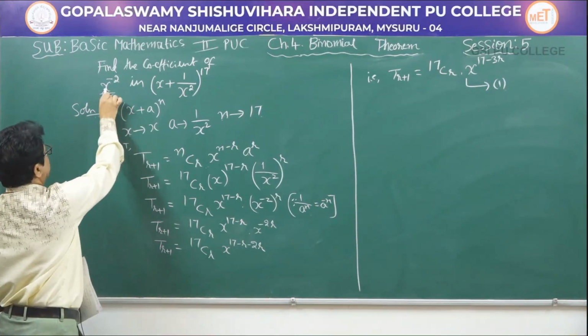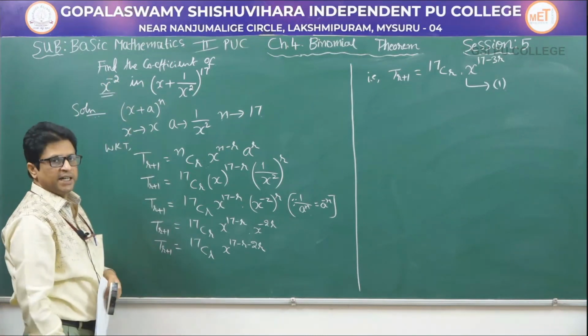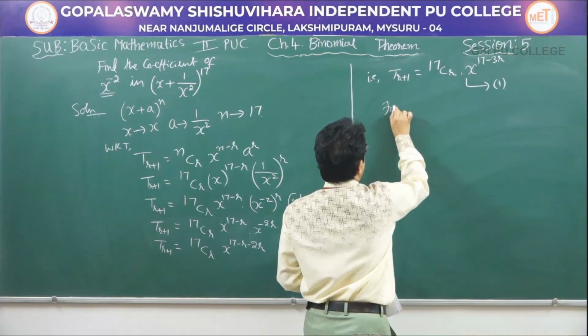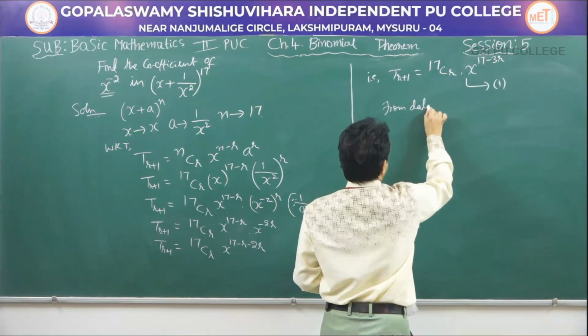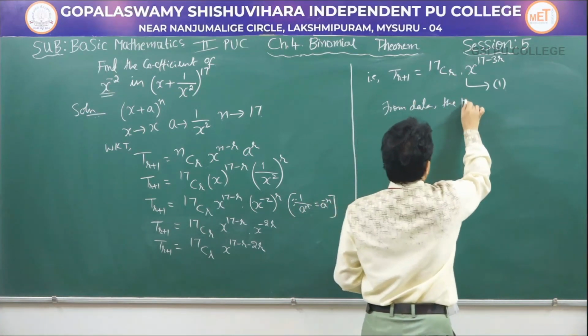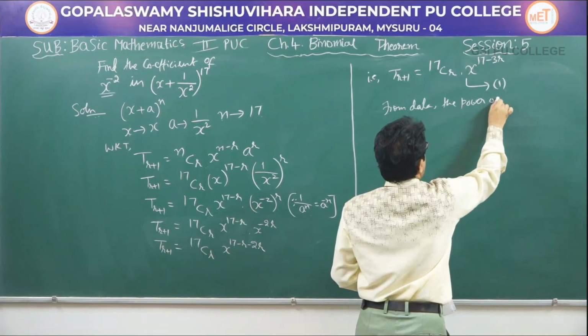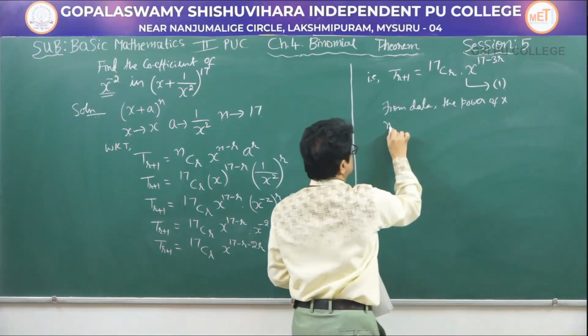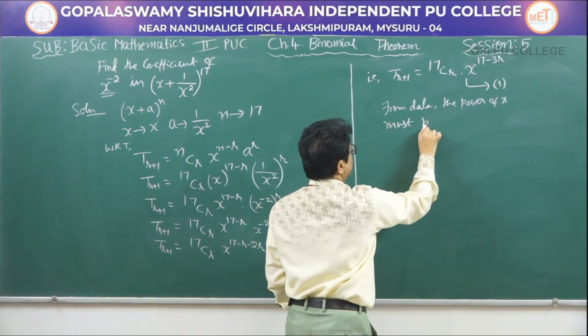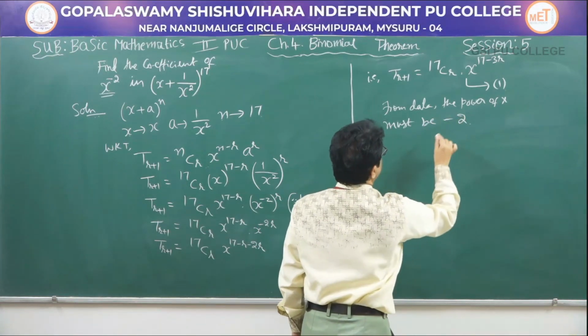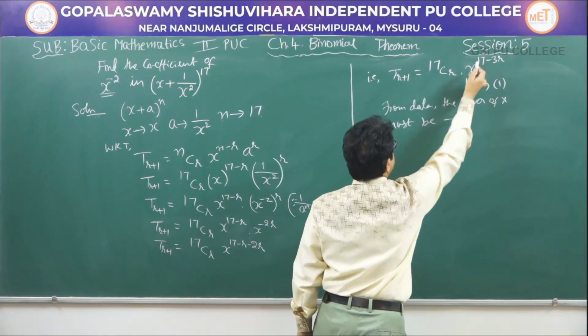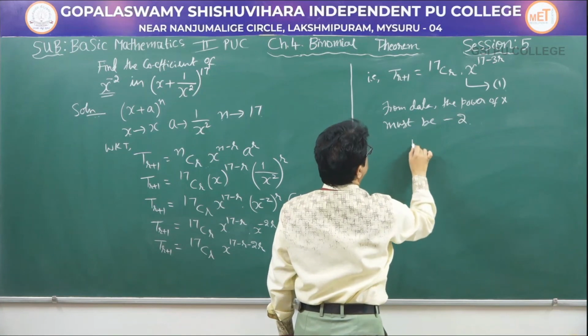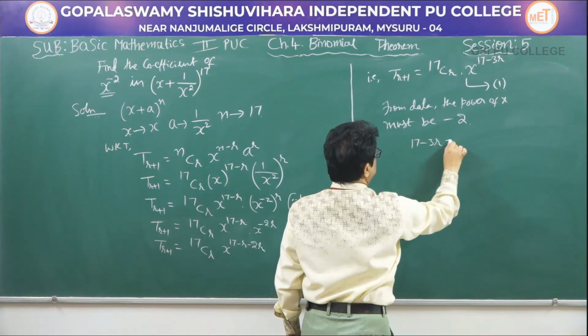From data, the power of x should be minus 2. From data, the power of x must be minus 2.